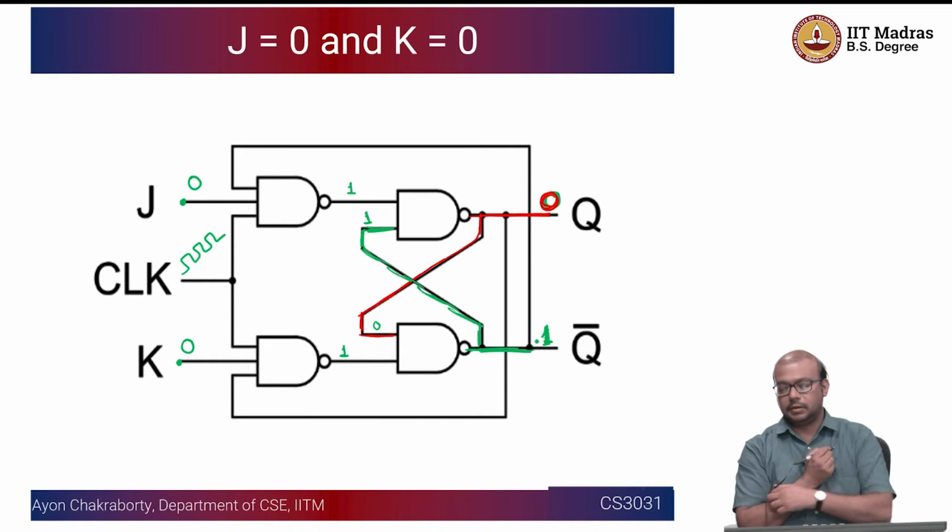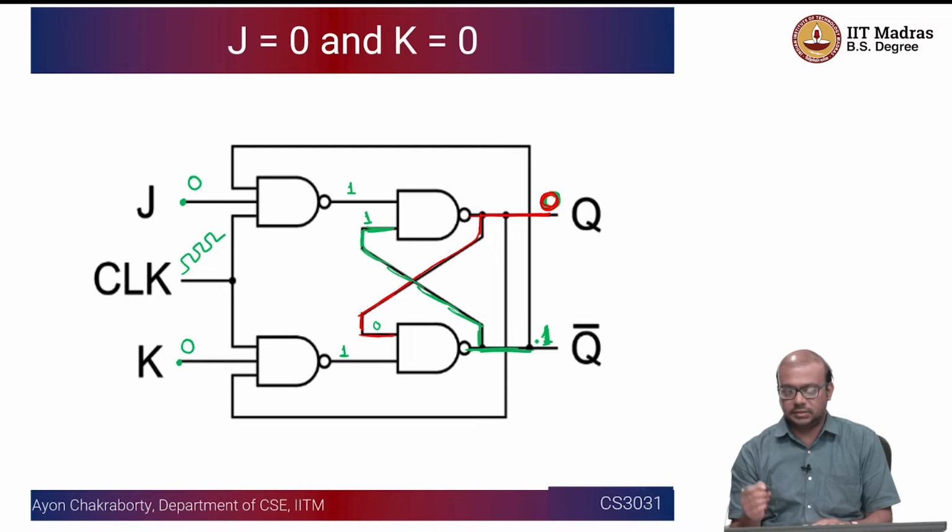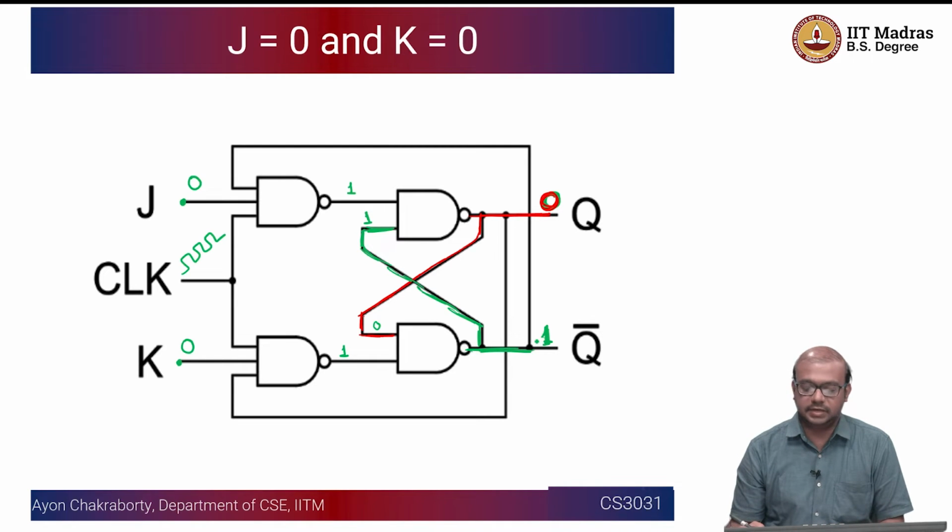So this is how this is operating, with J equal to 0 and K equal to 0. So if you have Q equal to 0 and Q bar equal to 1, definitely that is not going to change its value.